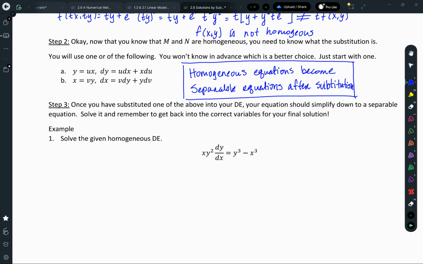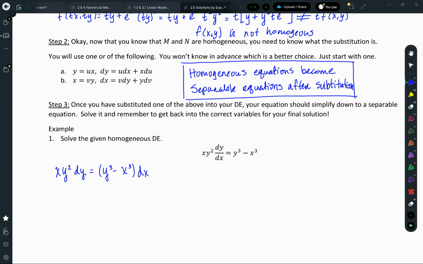So first things first, I'm going to clear by multiplying both sides by dx, and I get xy squared dy equals, in parentheses, y cubed minus x cubed times dx. Then, I already said it earlier, I'll say it again, I always just use the first substitution. Now, one thing I want you to remember is whether we use y equals ux or x equals vy, the u and the v don't really matter.